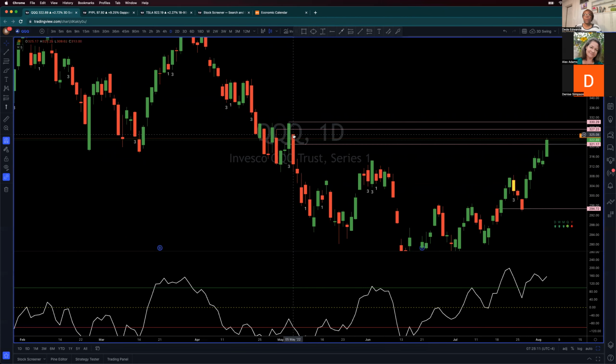So there could be a little resistance here, right? So we'll just throw this on here because it's got to take this 2 up before it can take this 2. So this is a 2 down, but it's got to take the high of this 2 down candle before it can take the high of this 2 down candle.